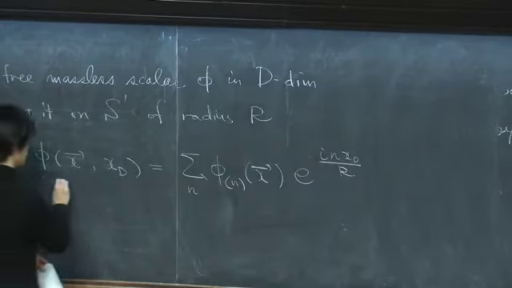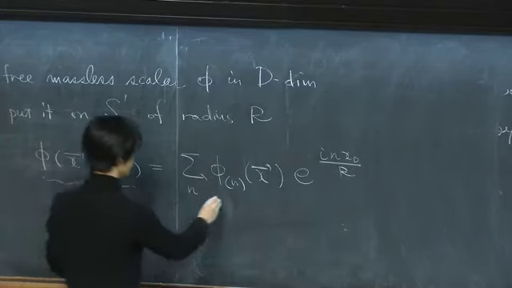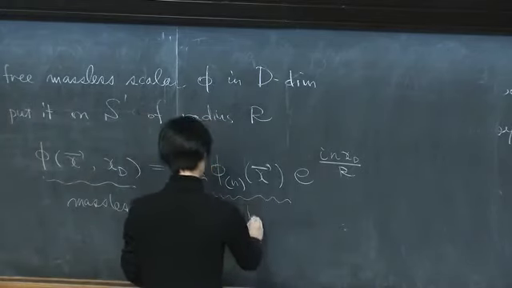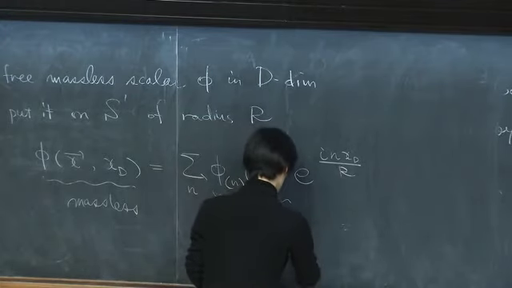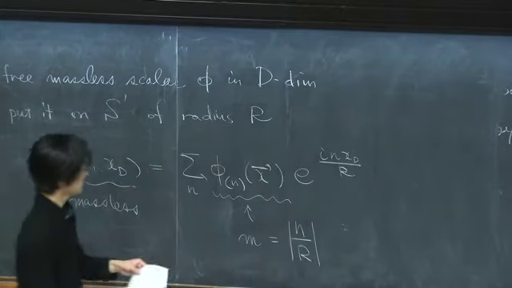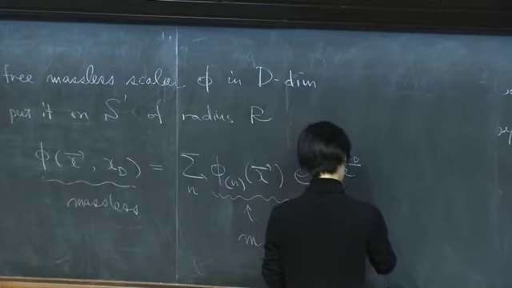And when this is massless, these component fields phi_n will have mass given by n over r. So this is called the Kaluza-Klein tower.